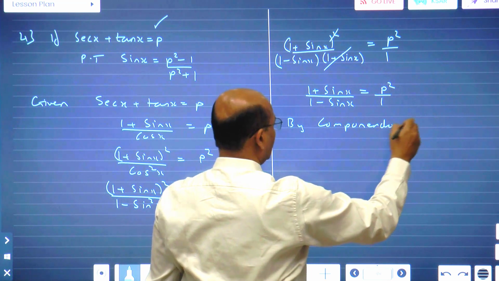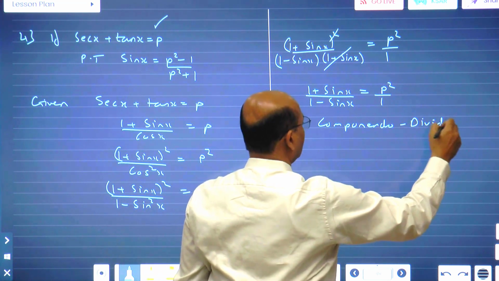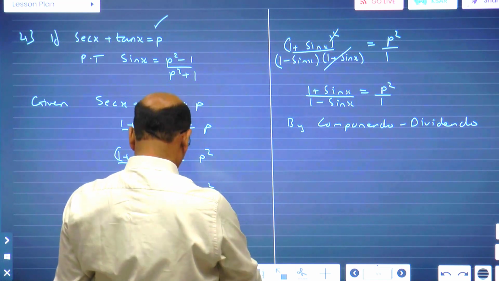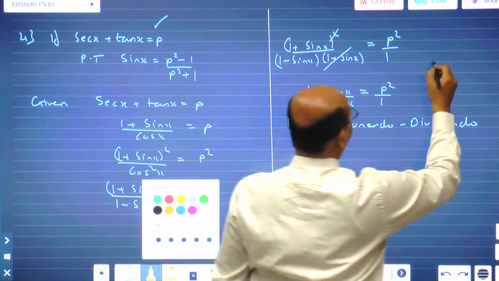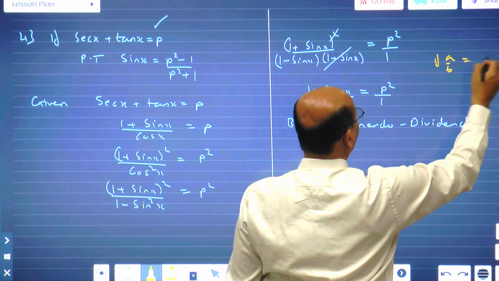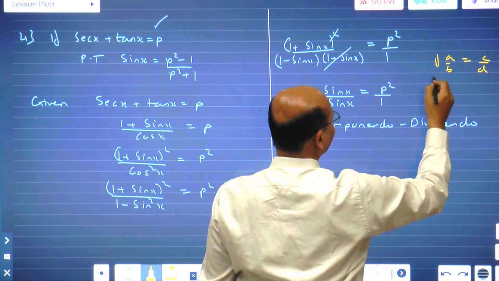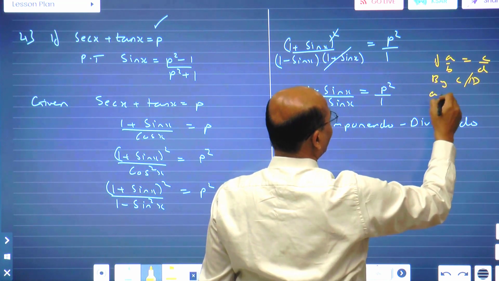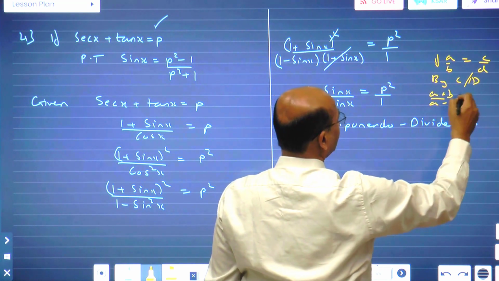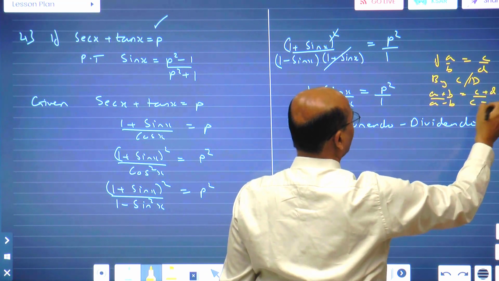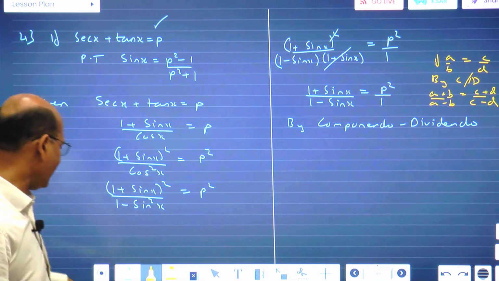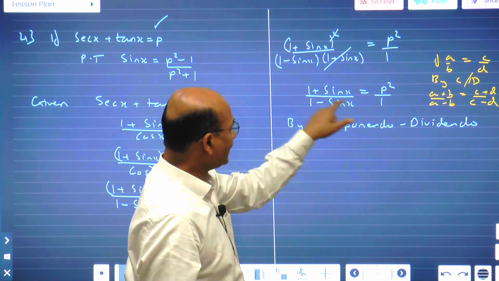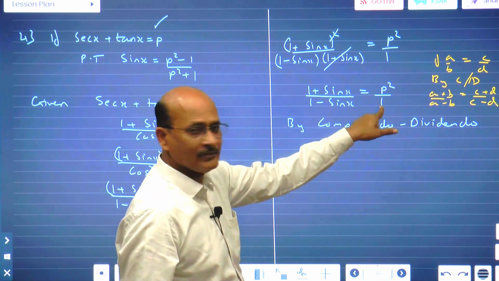Understand what the componendo dividendo property is: if a upon b is equal to c upon d, then a plus b upon a minus b is equal to c plus d upon c minus d. So I am applying the property here. This is my a, this is my b, this is my c, this is my d.